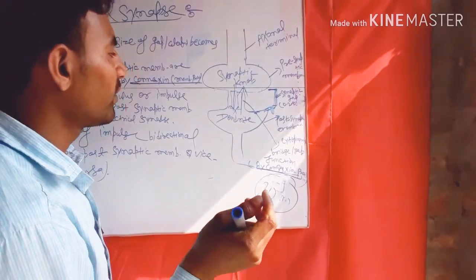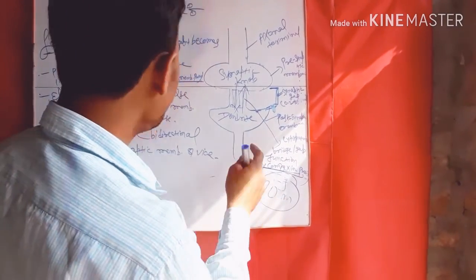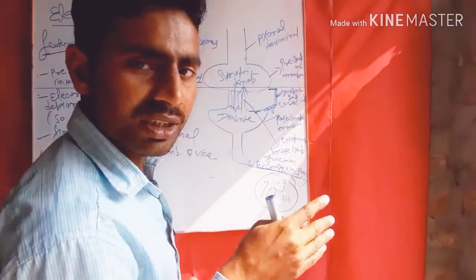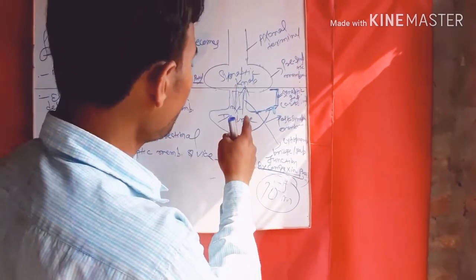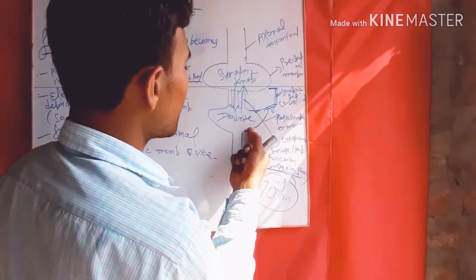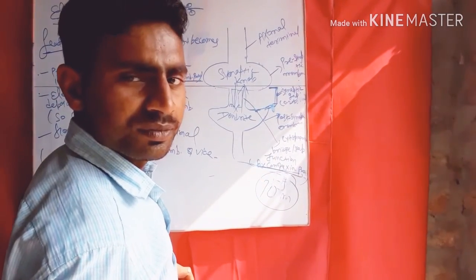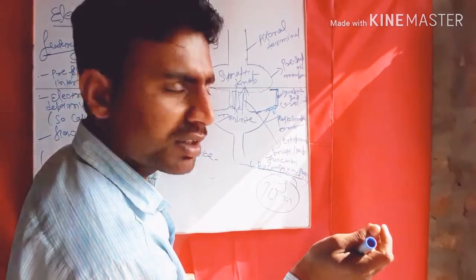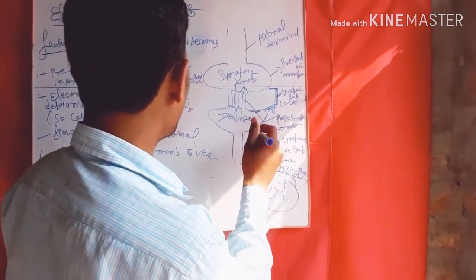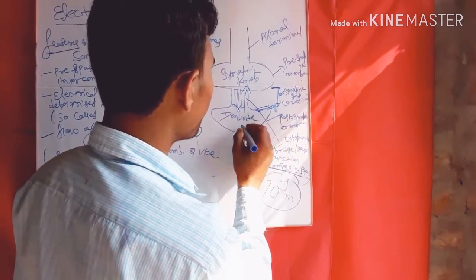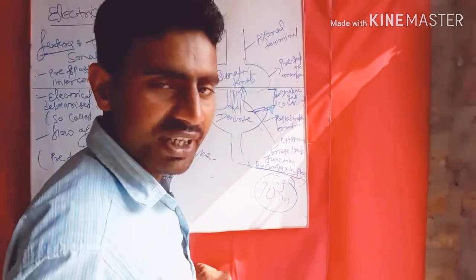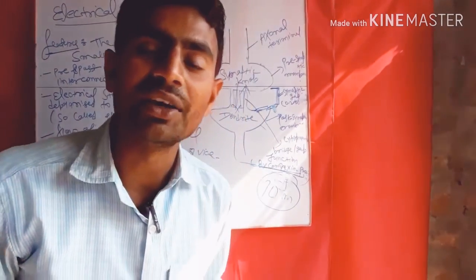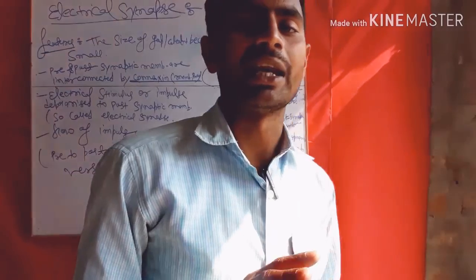The next important point is that the electrical stimulus or impulse depolarizes the postsynaptic membrane, not the presynaptic membrane. Three points are very important in the electrical synapse.